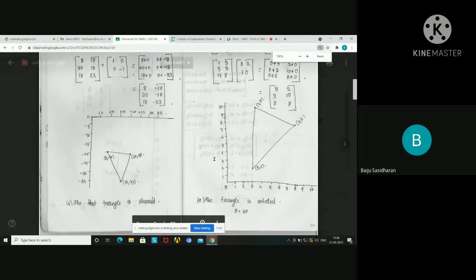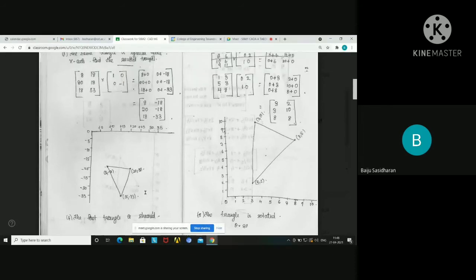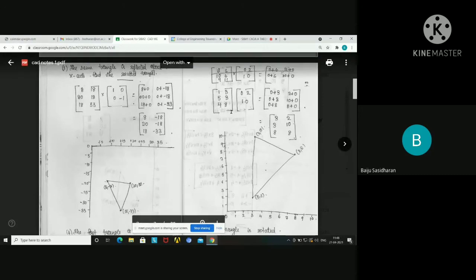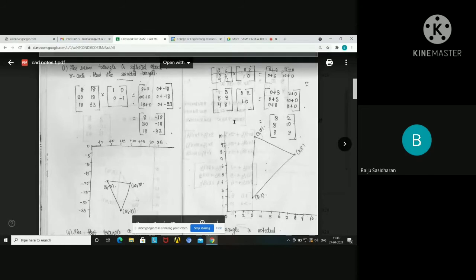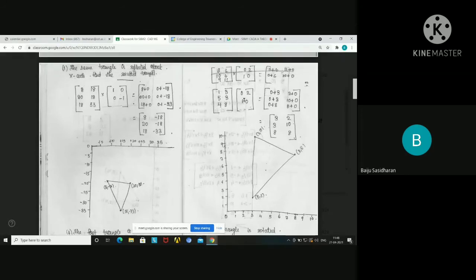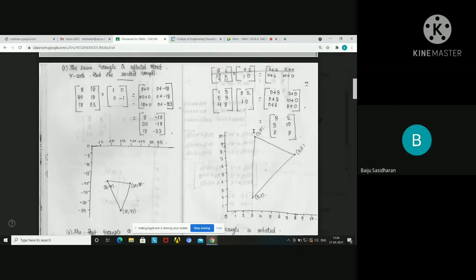Suppose we have to make another effect. In that one, this is our initial value, and that value is to be multiplied with 0, 1, 1, 0. Here the diagonal terms are 0. Off diagonal terms are having values greater than 1. If the off diagonal terms are having values greater than 1, the net effect will be shearing.